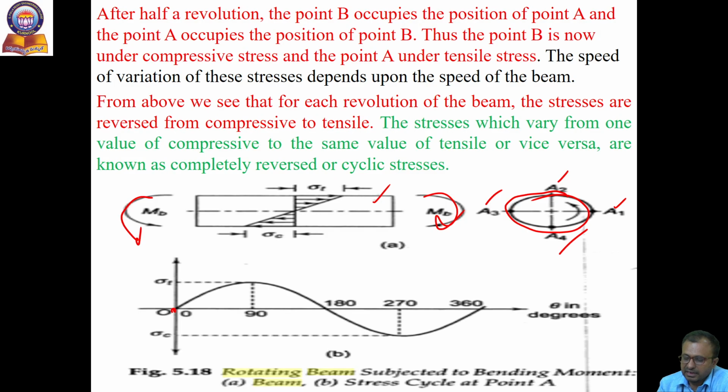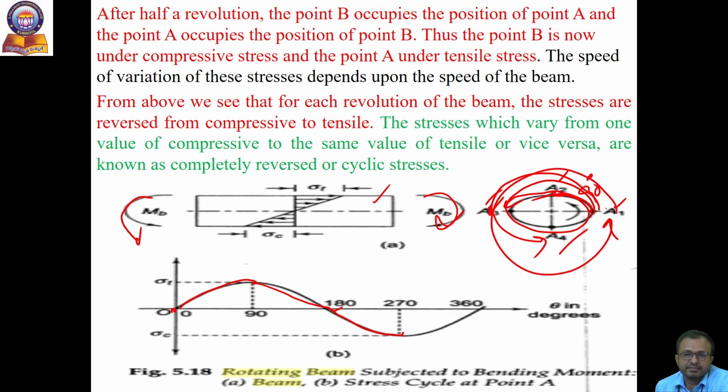At 90 degrees of rotation, it reaches this position, and after half a revolution it reaches 180 degrees. Then it reaches 270 degrees, and further A1 returns to the original position, completing one revolution.